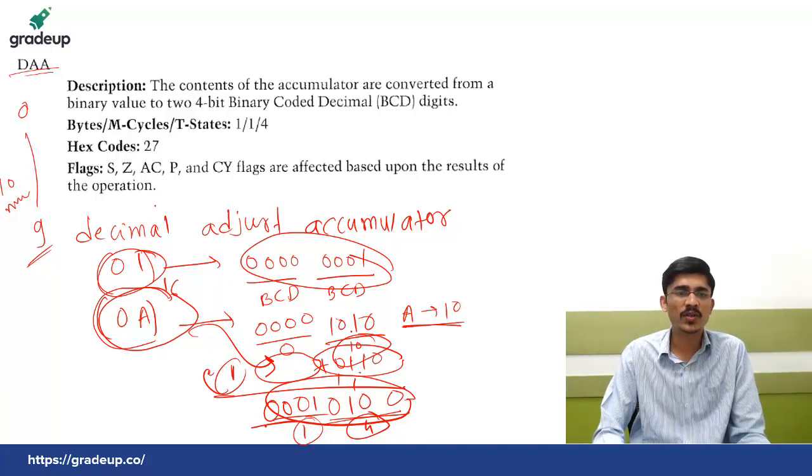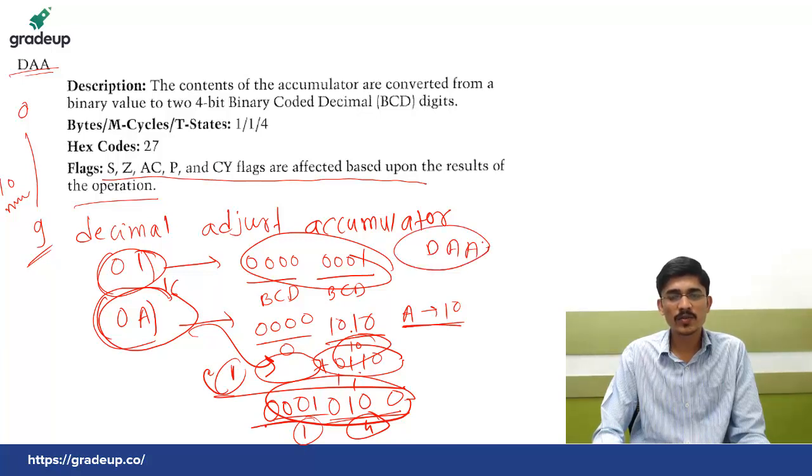That will not be an issue because all the flags will be affected based on the result. Obviously you can understand that once DA is understood by the microprocessor, the accumulator is inside the microprocessor, so it can do whatever it wants on the accumulator in just a fraction of a second.